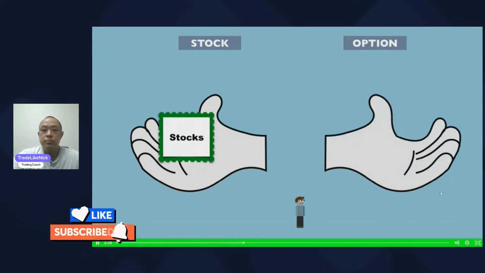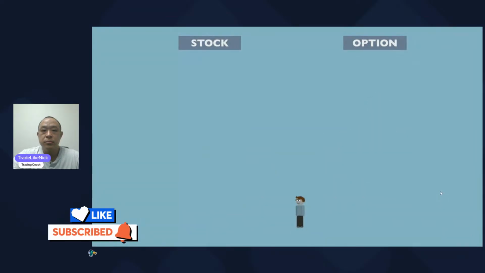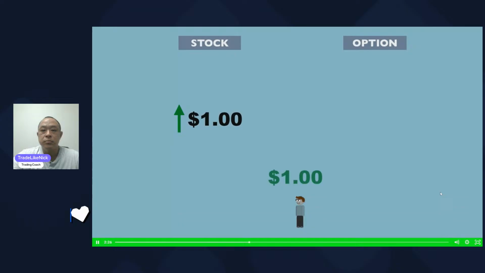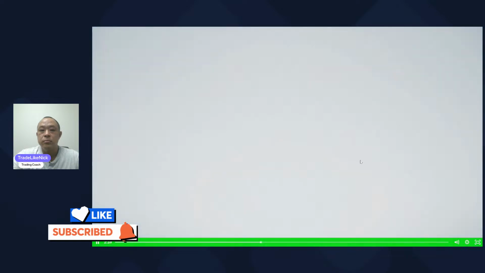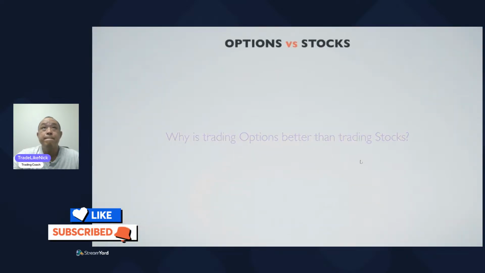And last, stock prices move one for one, meaning if the price goes up $1, you make $1. Options, on the other hand, are a derivative of stock, just with more leverage. So if the same stock goes up $1, you can make $3. But we'll get more into this later. Now, why is trading options better than trading stocks?